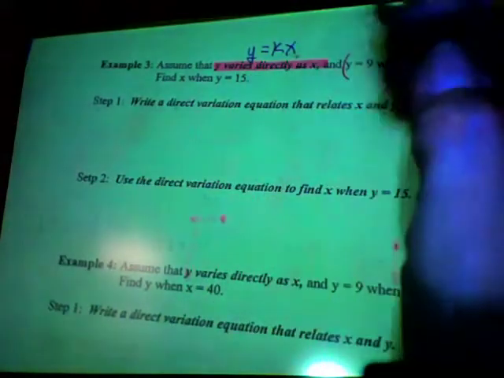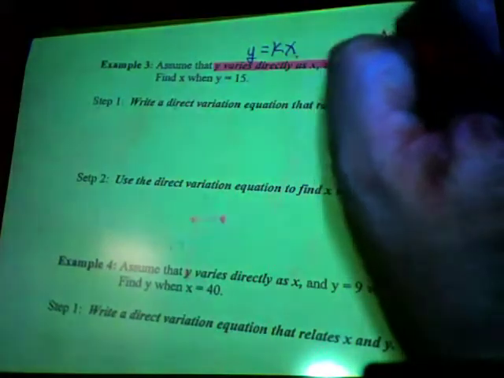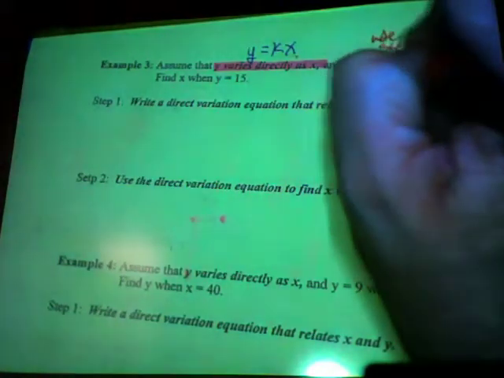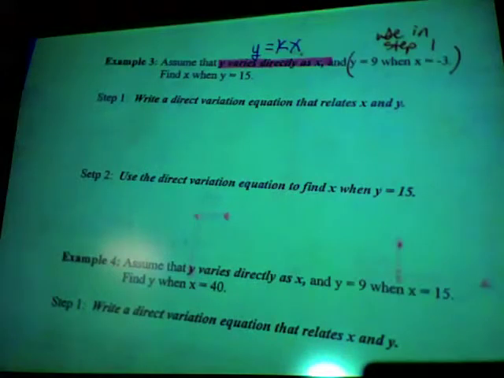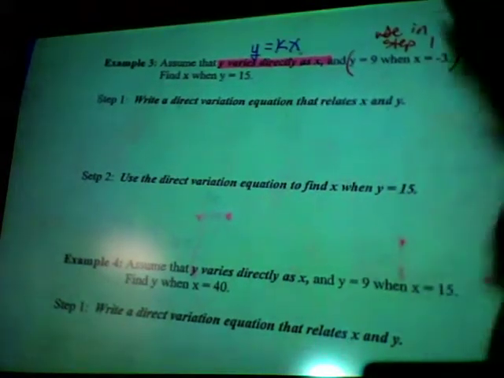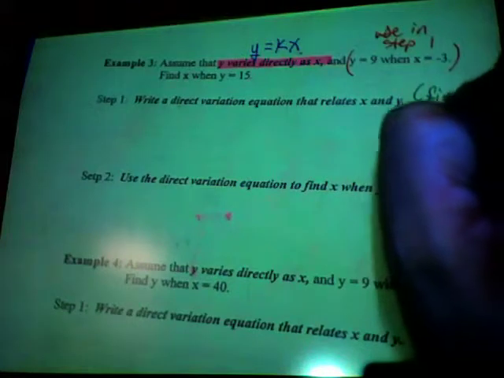I'm going to use this in step 1 down here. So step 1 says write a direct variation equation that relates x and y. And so your job is essentially to find k. So you might want to put here, you need to find k.